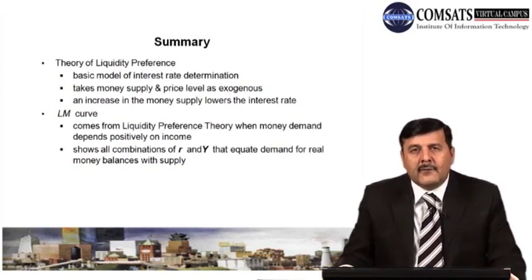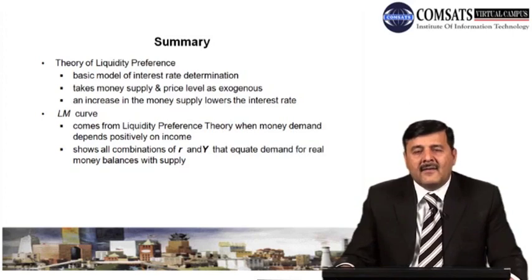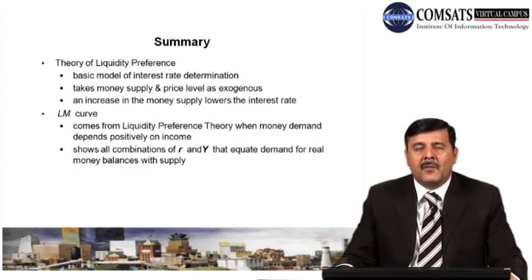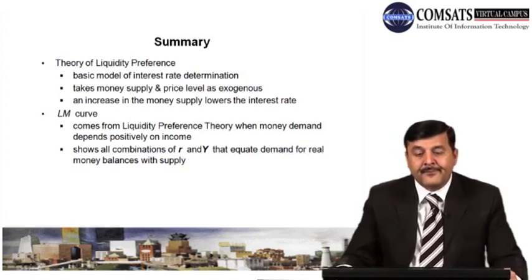Now this was all about today's class. What we have learned today, I will summarize in a few minutes. We started from the liquidity preference theory. What is that theory? It is the simple theory of interest rate that tells us the equilibrium in the money market, where the demand for money and the supply of money are equal.